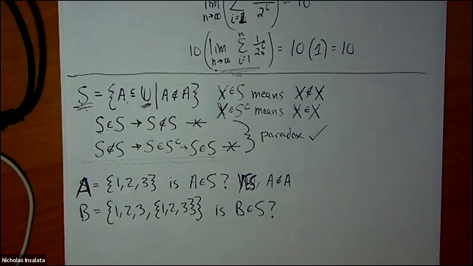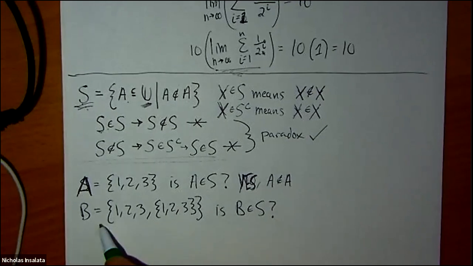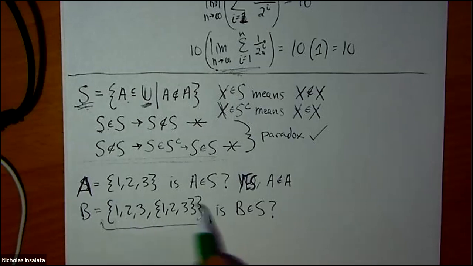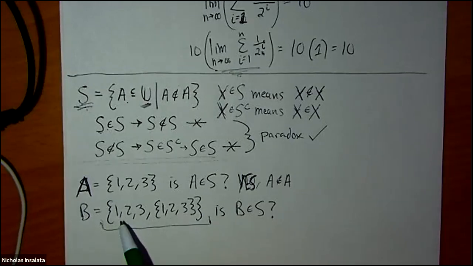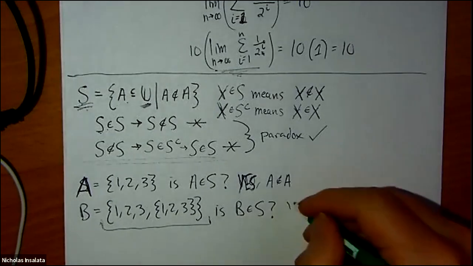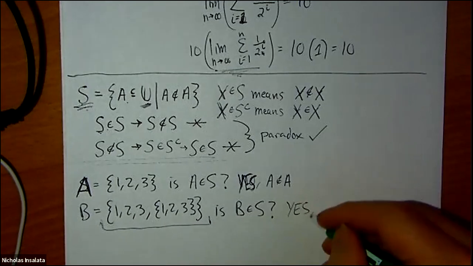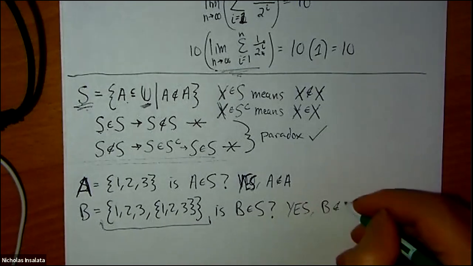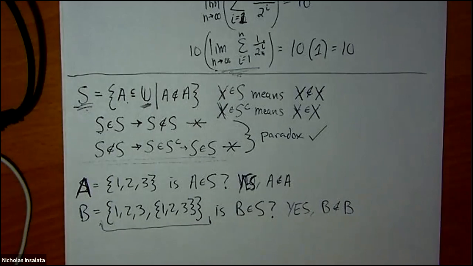Because it doesn't contain B, right? This whole thing is B, and that whole thing doesn't occur inside of B. Only a part of it is listed as a new element, not the whole thing. So yes, B is not an element of B. Okay, because a set can never contain itself.